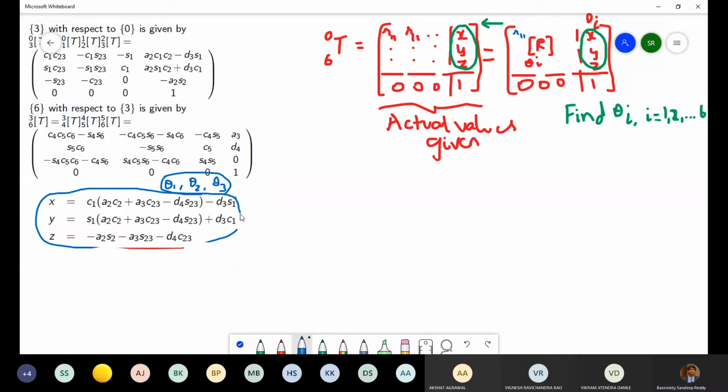So just take your time and think which one and how do we calculate theta 2 and theta 3, or which one can be calculated first.